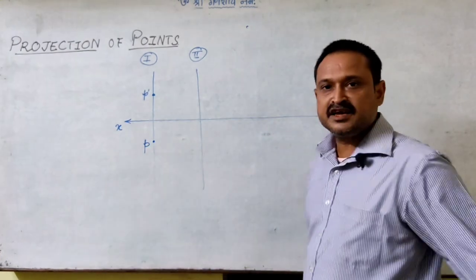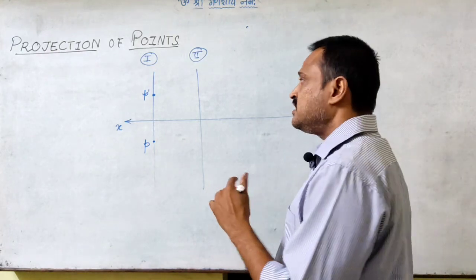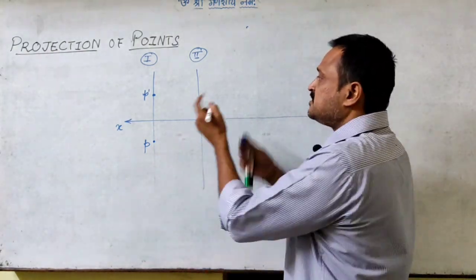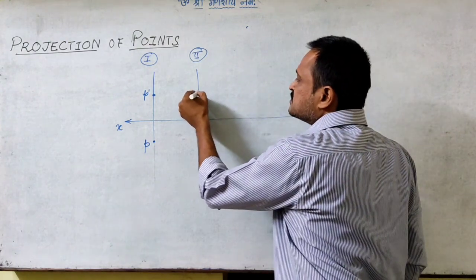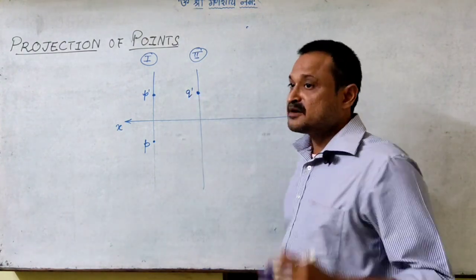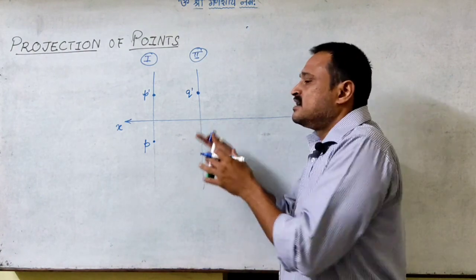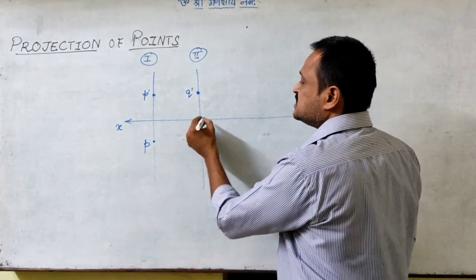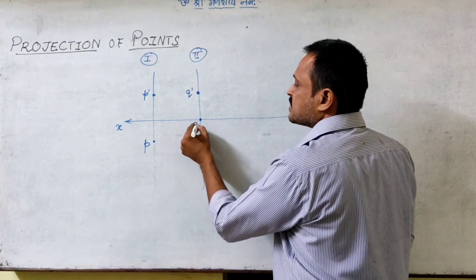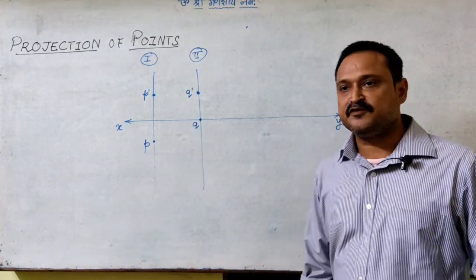So projector of point Q, it is in VP and H millimeter above HP, that means in front view I will be able to see Q dash. Now here it is on VP, so the distance of this point from VP was 0. So I get the top view at the XY line. So this is the top view.